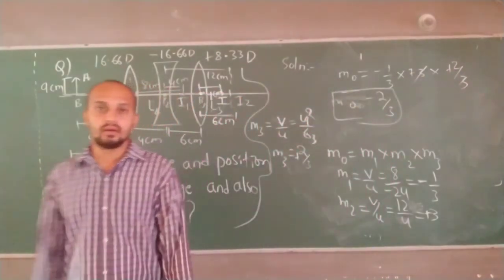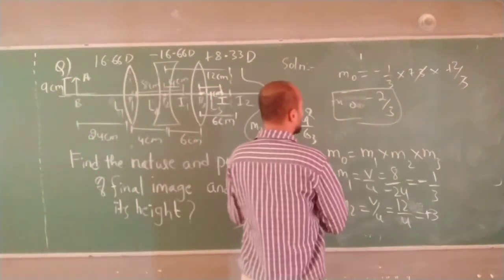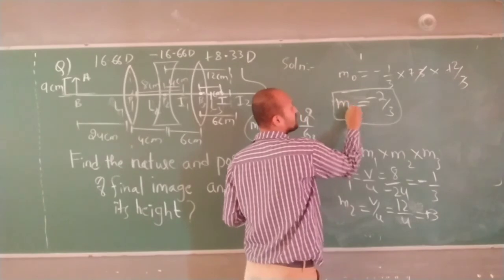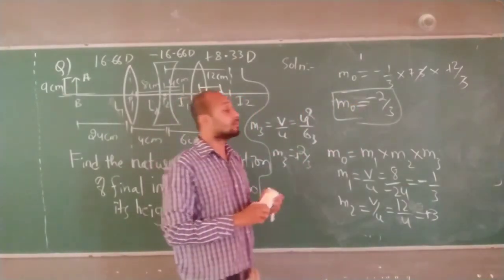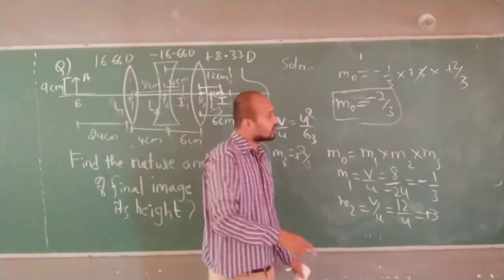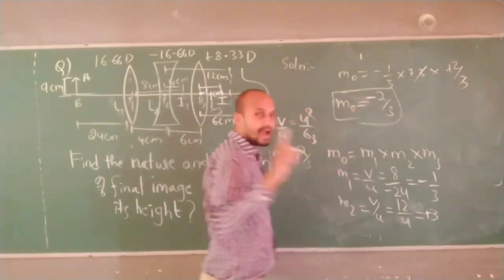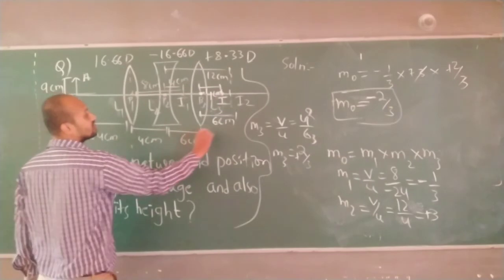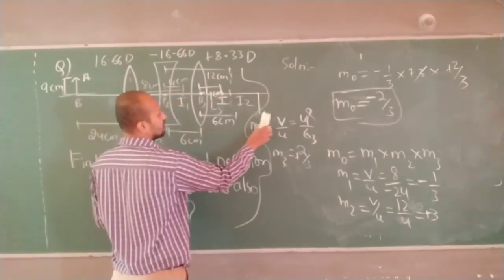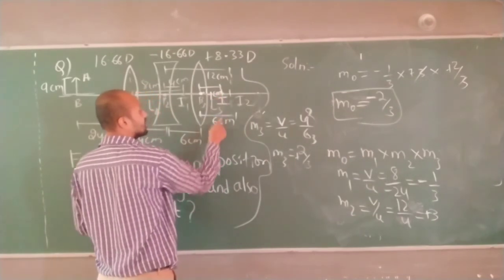So for the combination of these lenses, when the image is formed, the magnification of that image is minus 2 by 3. You can define the nature. The negative sign indicates the image is inverted.